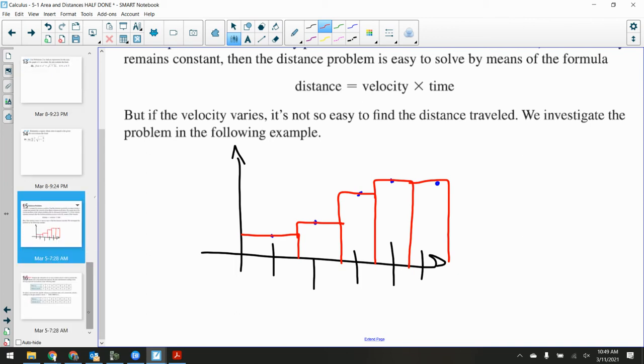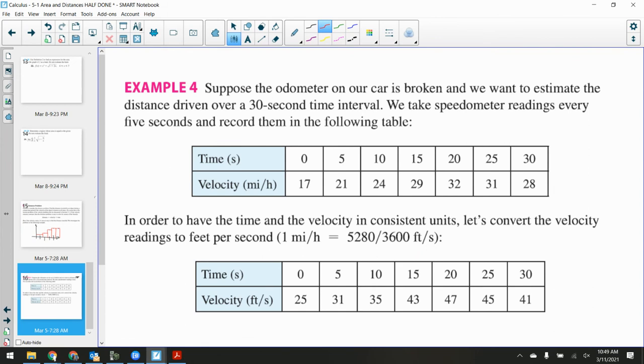Now, let's take a look at an example of this. Suppose the odometer on your car is broken, and we want to estimate the distance traveled. Odometer is distance traveled. That's like when you reach 100,000 miles and you click over. Suppose the odometer on your car is broken, and we want to estimate the distance driven over a 30-second time interval.